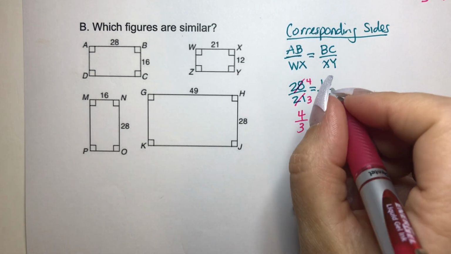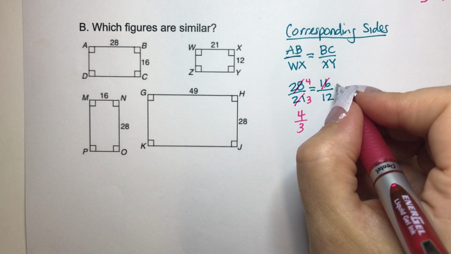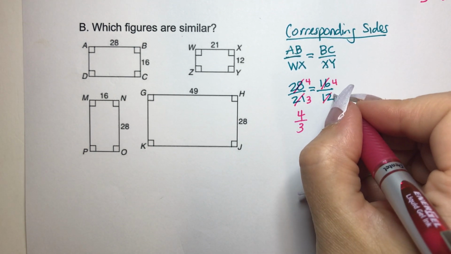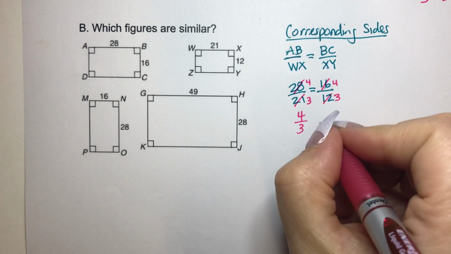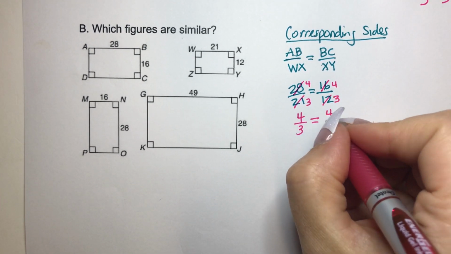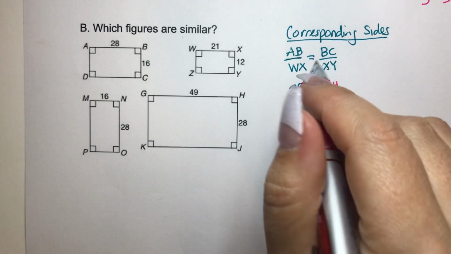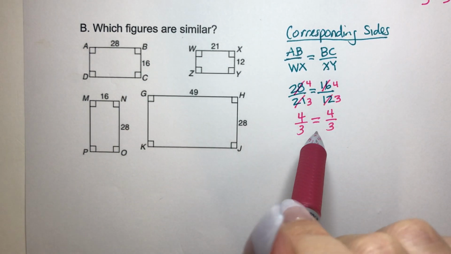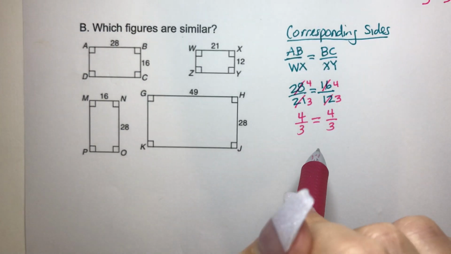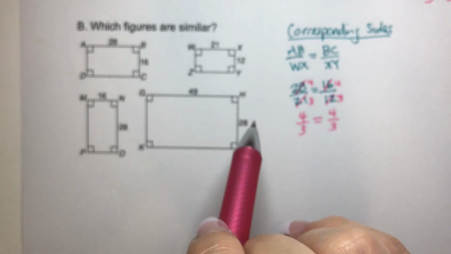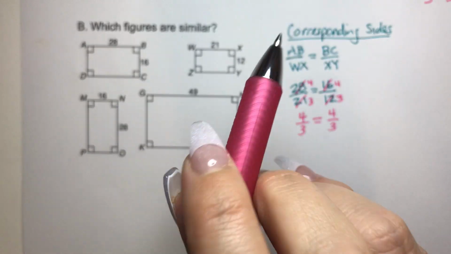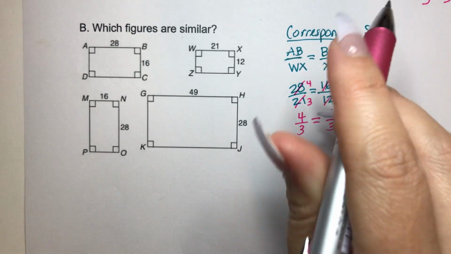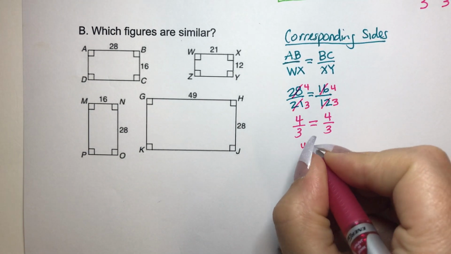I'm going to say 4 does, right? 4 goes into 16 4 times, and 4 goes into 12 3 times. Okay, so we have a similar ratio there. Perfect. So that means since they have the same angles and they have the same equivalent ratios, we know that these two are similar. So this is yes. I'm just going to give this a yes.